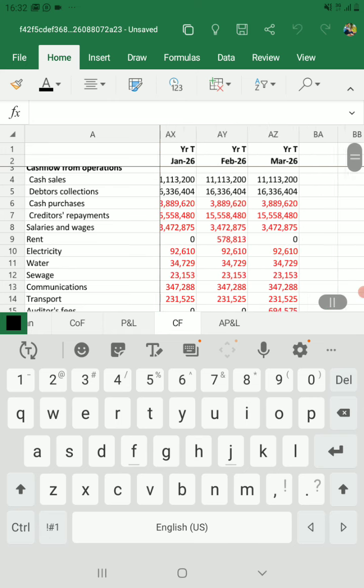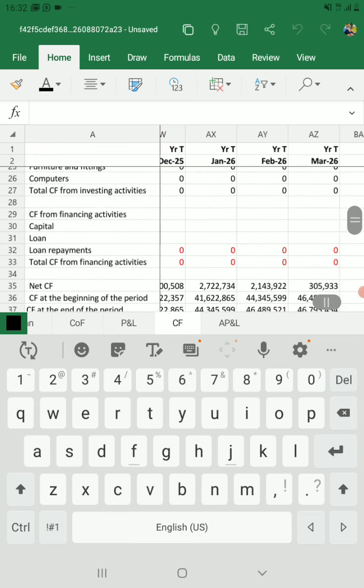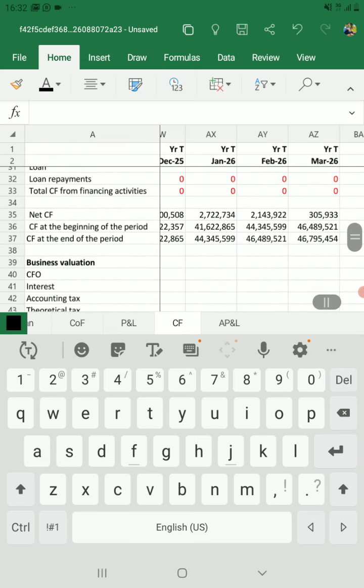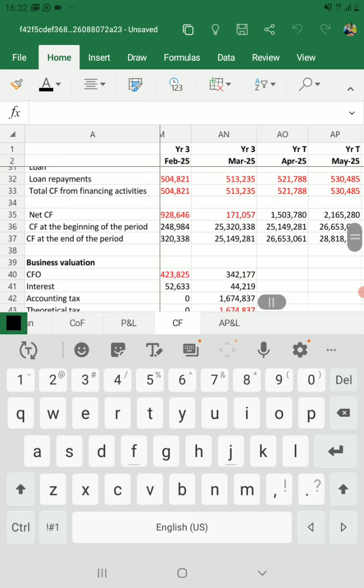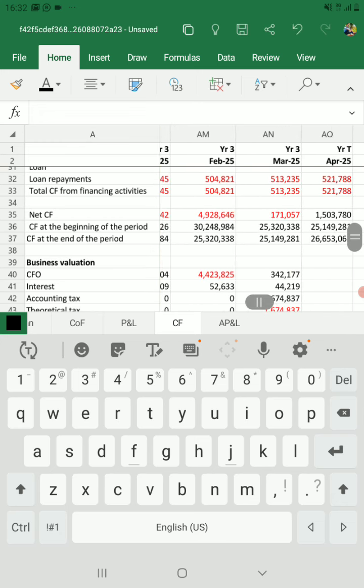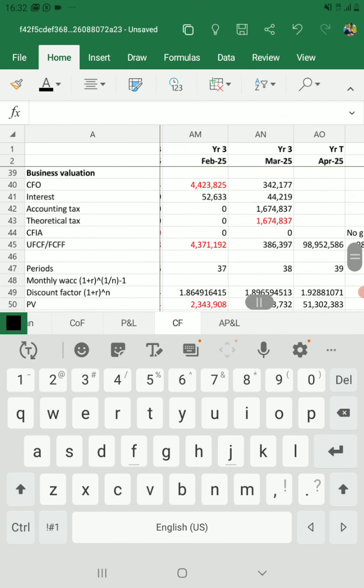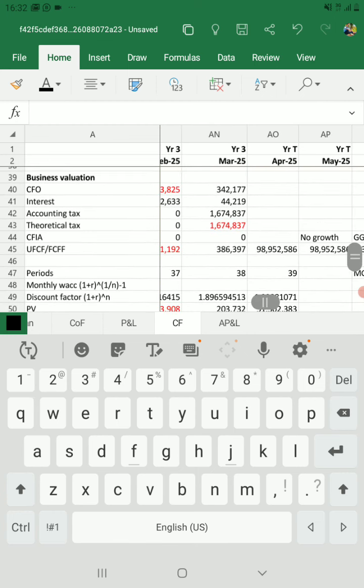Let me see where I did my computation for the terminal value. The terminal value, business valuation, terminal value is here. Okay.